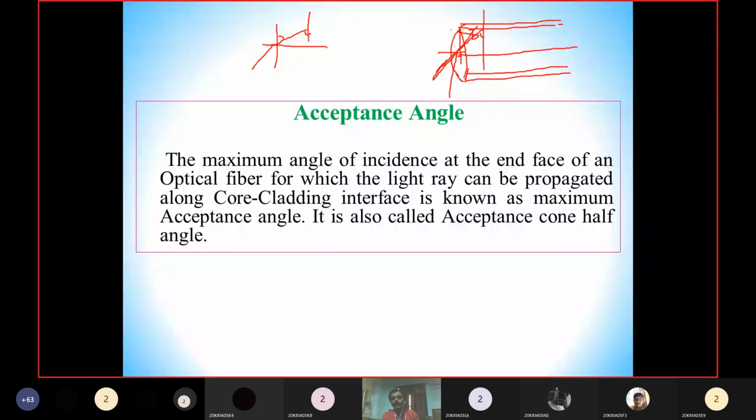Then only will total internal reflection take place. So we have to apply an appropriate angle here. The maximum angle at which we can apply a ray so that it propagates inside the core, that angle we call the acceptance angle.